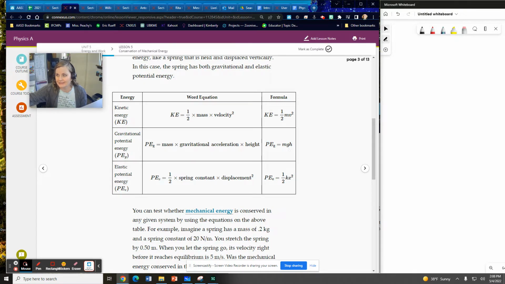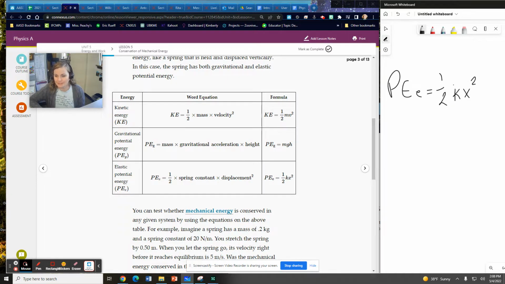It is equal to 1/2 kx squared, so elastic potential energy is 1/2 kx squared, where x is the amount you stretch your spring or rubber band.